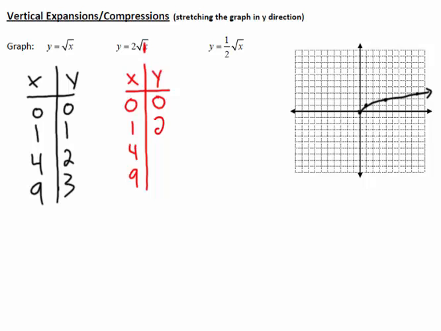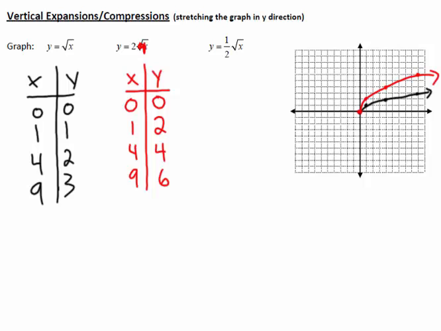This is going to make this 2. If we were to make this a 4, square root of 4 is 2 times 2 is 4. And if we were to make this a 9, square root of 9 is 3 times 2 puts us at 6. And you can probably already see a pattern, but let's put those points on the graph in red. We're at 0, 0, 1, 2, 4, 4, and 9, and 6.